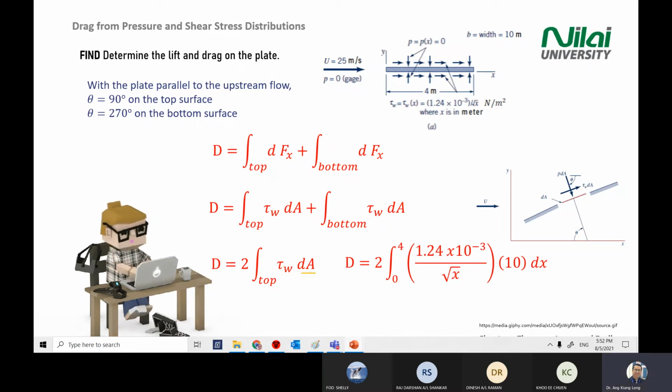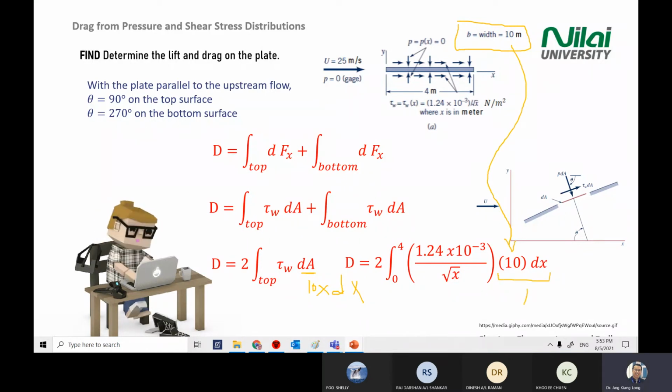You expand this to 10 times dx. Why 10? Because the question gives you the width is 10 meter. So that's why there is a 10 there. Width times distance, you get area. That is the dA.